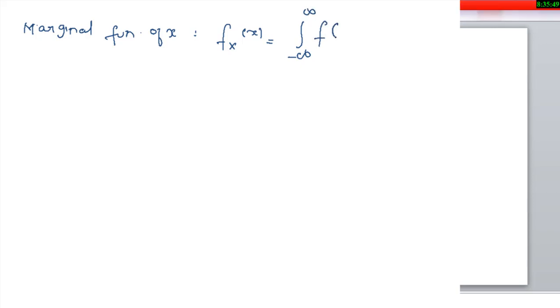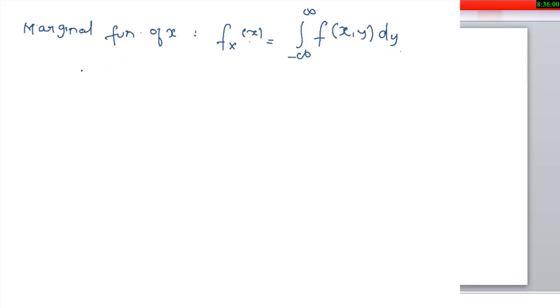To find the marginal function of x, f of x is equal to the integration over the limits minus infinity to plus infinity of the joint probability function f of x comma y into d of y.